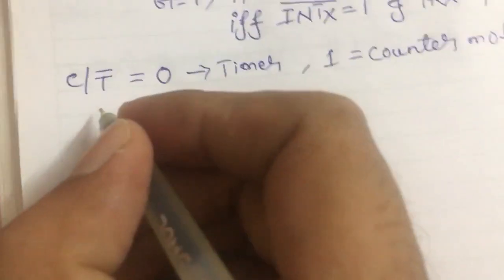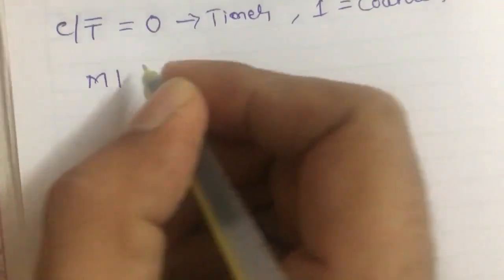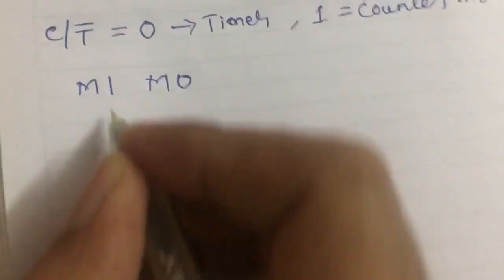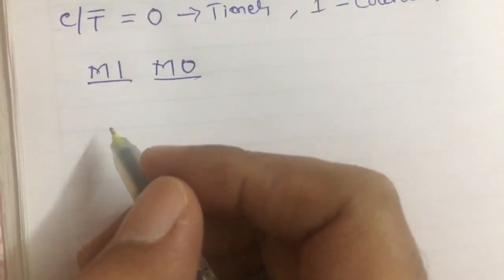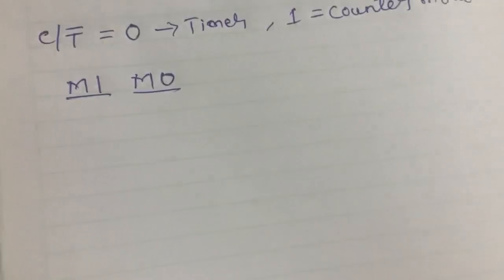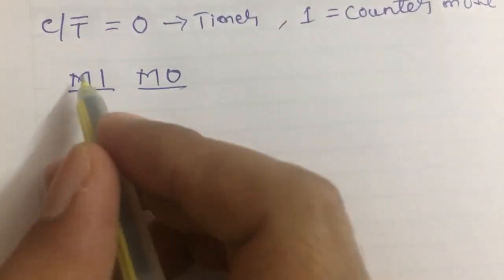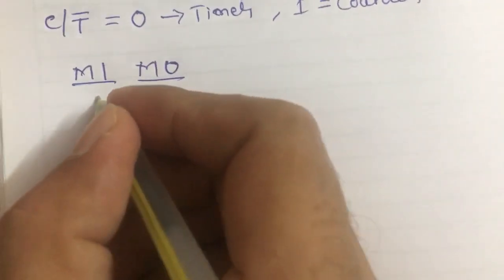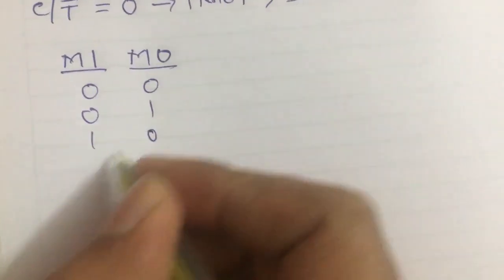Now the most important bits here are M1, M0. The M1, M0 bits are called the modes of timer/counter. Since we have 2 bits here, they can take 4 combinations: 00, 01, 10, 11.